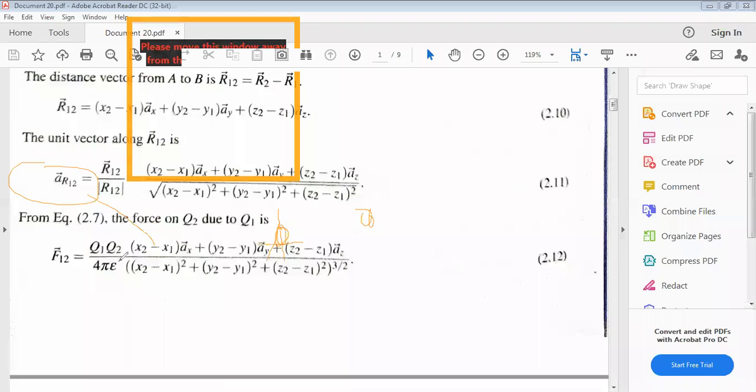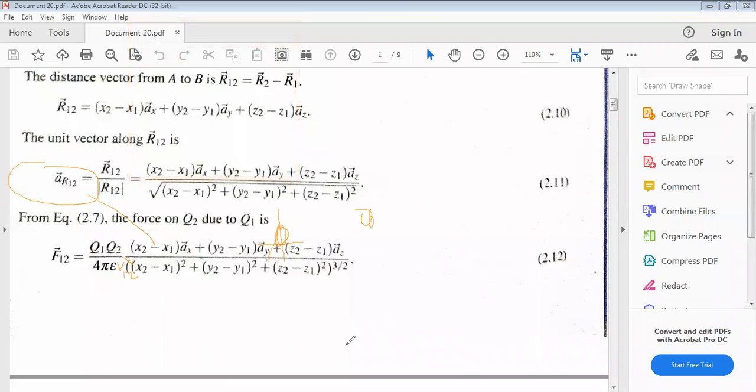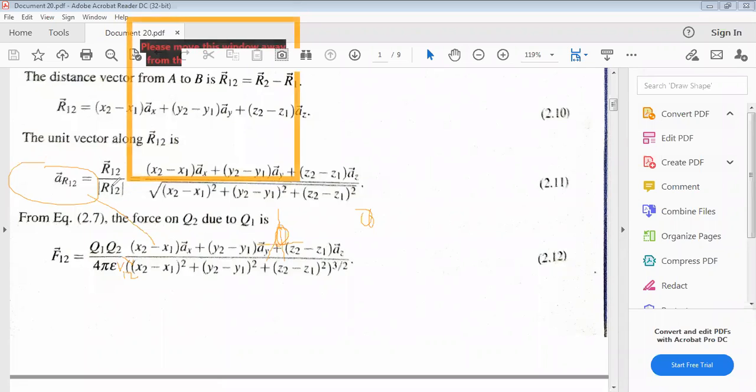Of course, here Q1 Q2 by 4 pi epsilon naught R square, where R square means R12 whole square. R12 is the magnitude, the square root of the sum of squares, which is power 1 by 2, and with the additional one, the total is 3 by 2. That's why we get 3 by 2 here. Is it clear?